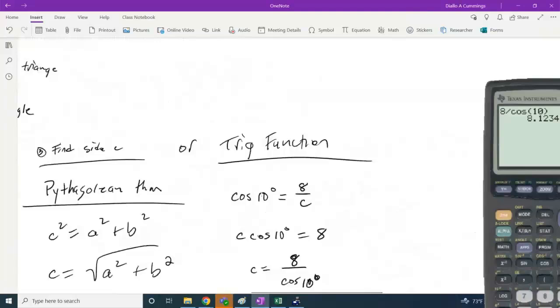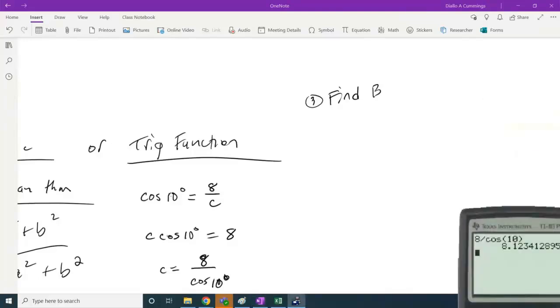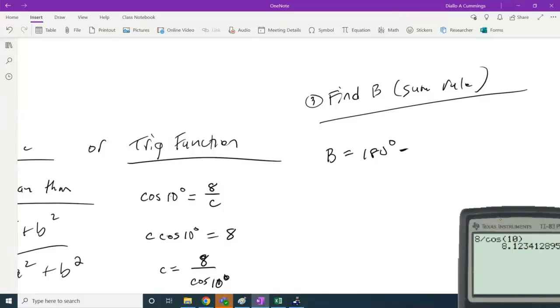So in order to find angle B, I'm going to use the sum rule. And the sum rule just states that all of the angles inside of the triangle have to add up to give you 180. So B is going to equal 180 degrees minus (90 degrees plus 10 degrees). So here's what I'm doing.